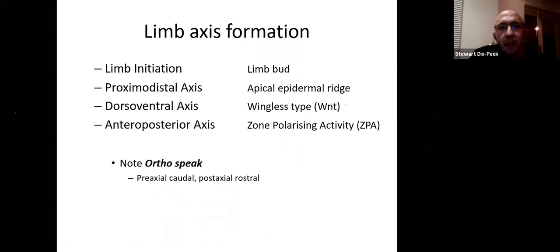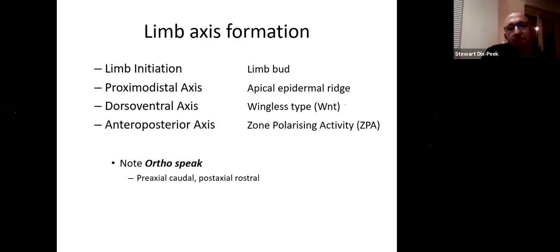The process of limb axis starts with initiation. That's a limb bud. The tip is going to be an apical epidermal ridge. The dorsoventral axis is going to be from dorsal behind to ventral in front.